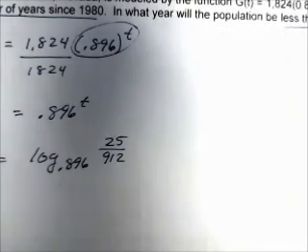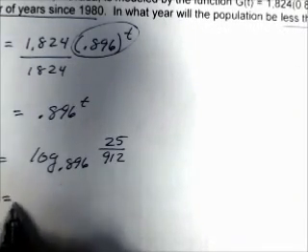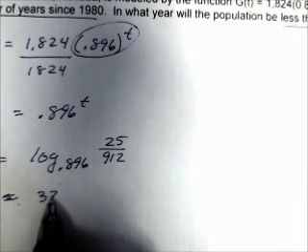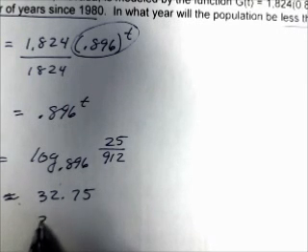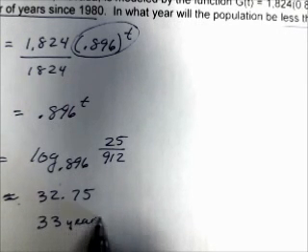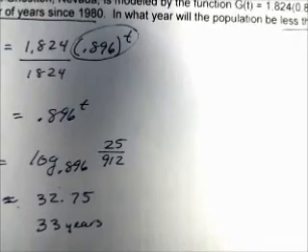We get 32.75. So t equals approximately 32.75, about 32 3/4 years, and they'll have 50. So let's boost that up to 33 years, so it should be less than 50.